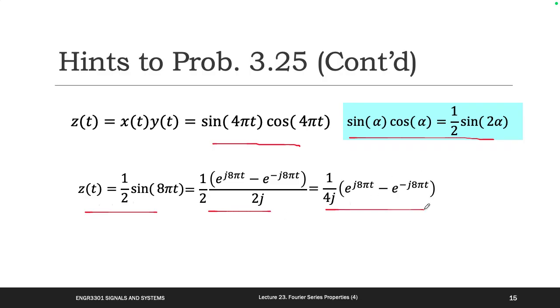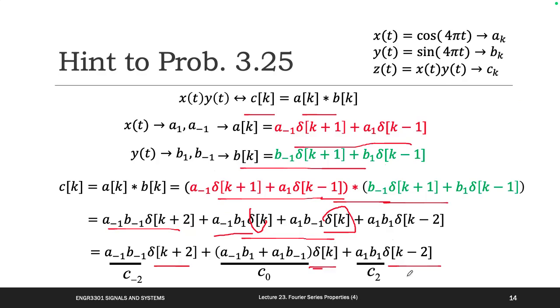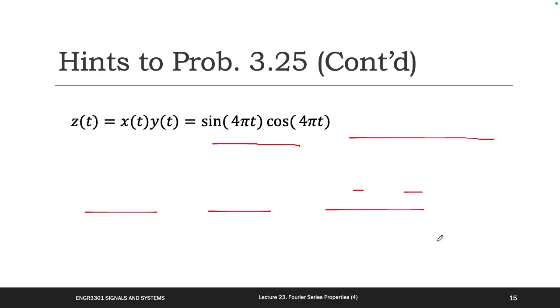We know that T equals 0.5, which means omega equals 4 pi, am I right? So this is just -2, and this is k equal to -2, this is k equal to 2, am I right? So this is just to verify the multiplication property we just talked about. Does that make sense to you? Okay, let's continue.